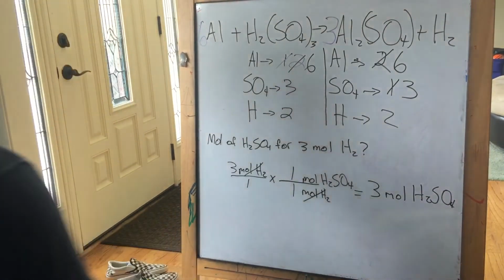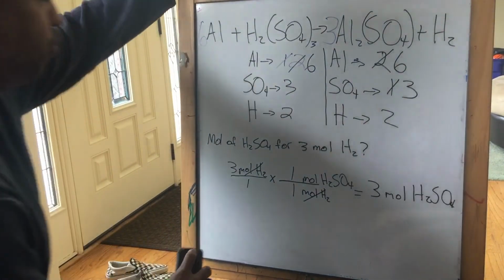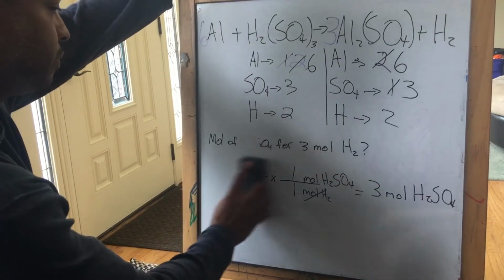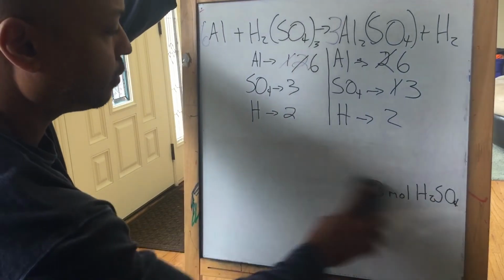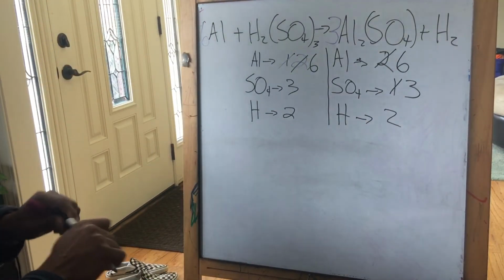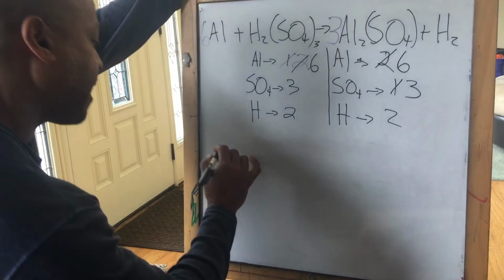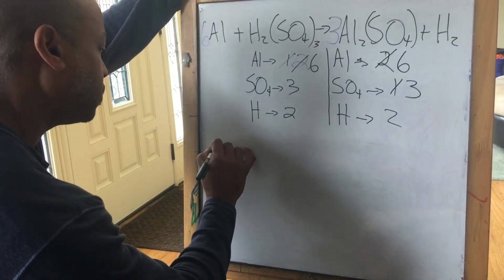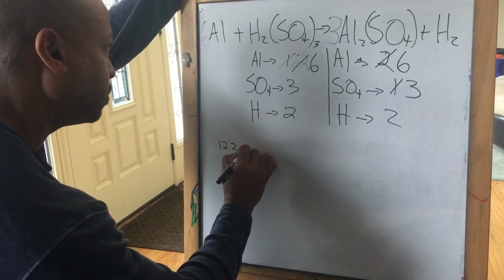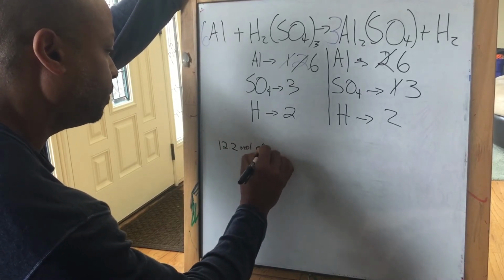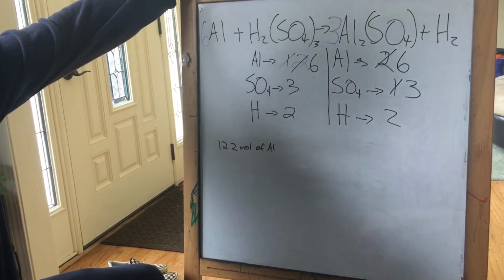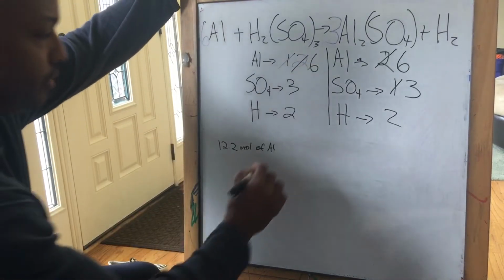Now, let's do a problem where we're going from moles to mass. Let's say I have 12.2 moles of aluminum, and I need to know the mass of aluminum sulfate I need.